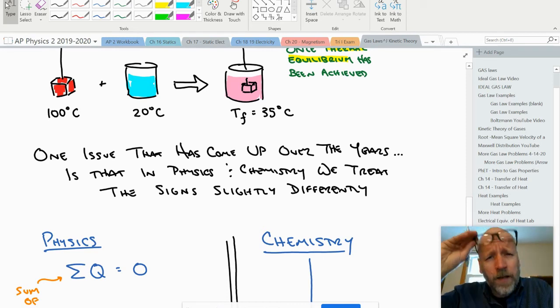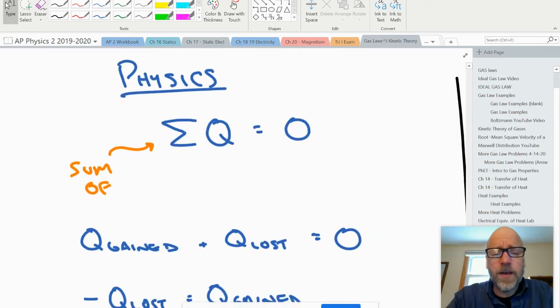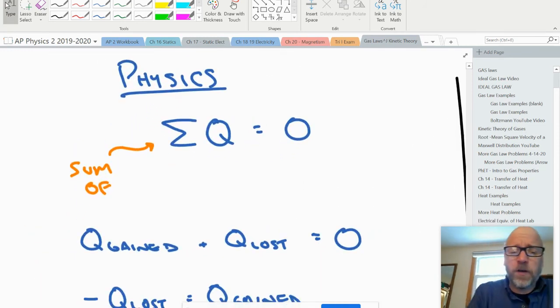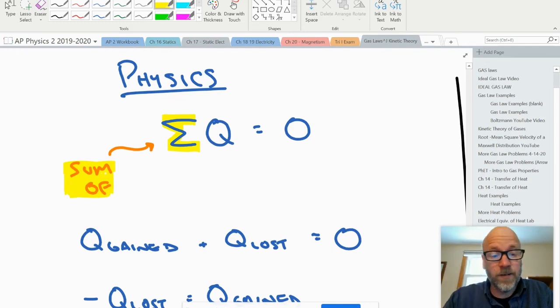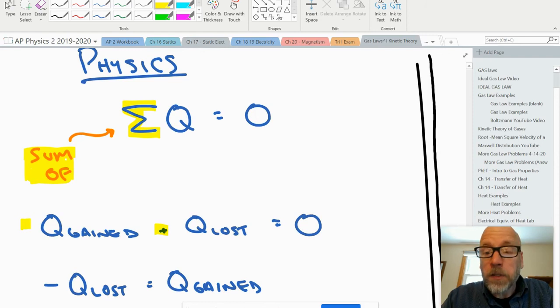But here's the thing. In physics, we say the sum of the heat is equal to zero. And this sigma, we've been talking about it for 2 years now, means the sum of. Now, heat is not a vector, it's a scalar. So when I add them together, I just add the heat gained plus the heat loss equals zero.